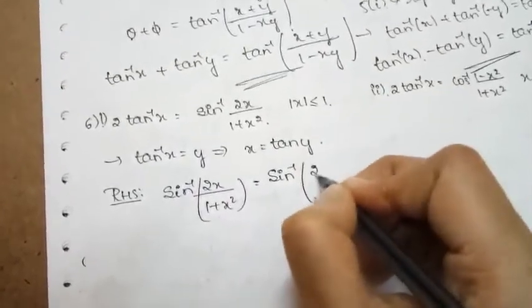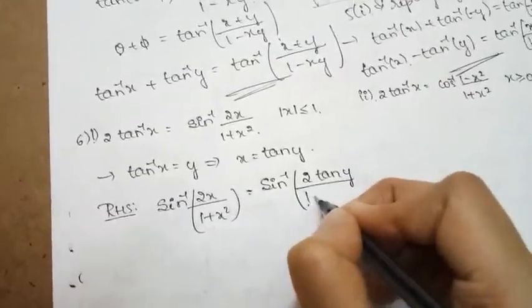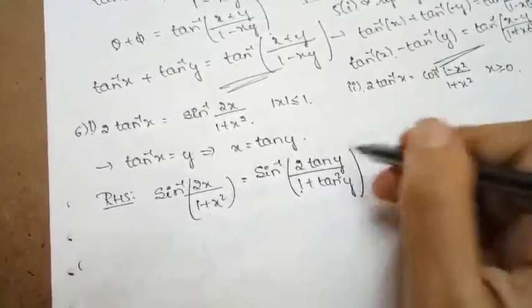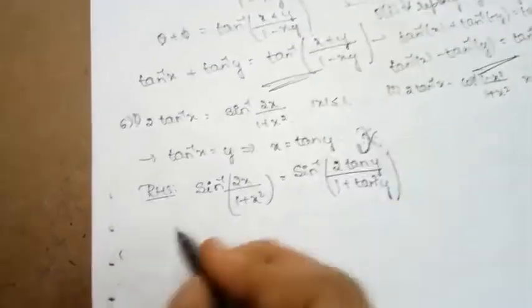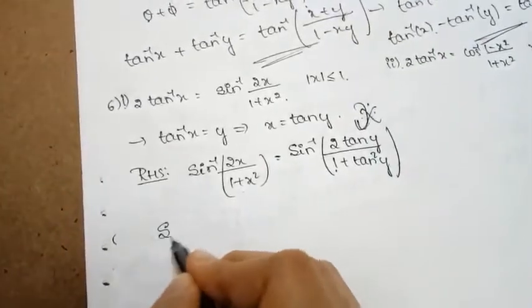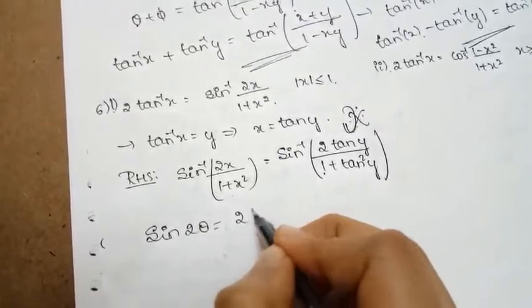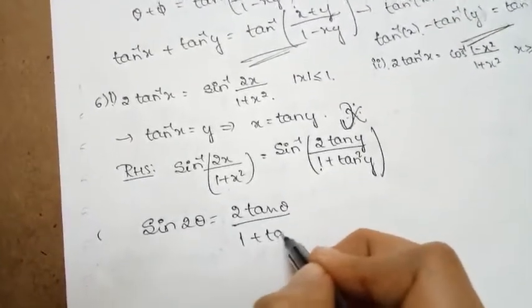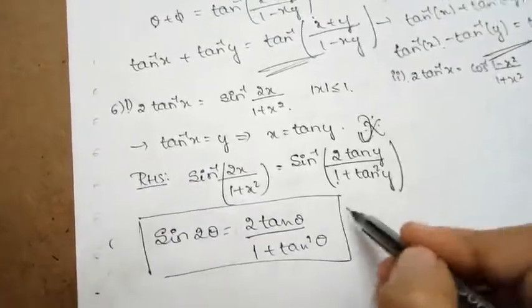So what happens? 2 tan y divided by 1 plus tan square y. Oof, what is this? This is our identity, that is nothing but sine 2 theta is equal to 2 tan theta divided by 1 plus tan square theta.